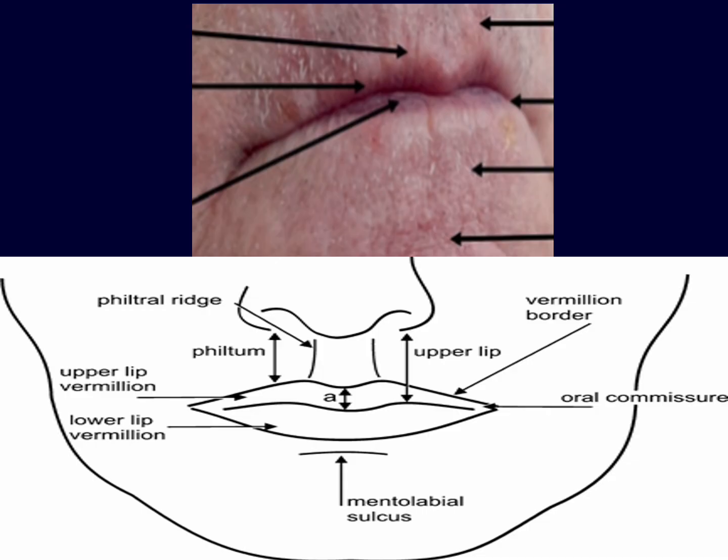Before we go to the technique, I want you to understand a few points. The anatomy is very important. When we talk about the oral commissure, you should be aware of where it is. If you are talking about the upper lip vermilion and lower lip vermilion, where the tumor usually arises, you should know where the vermilion is. Otherwise it will not be clear for you.